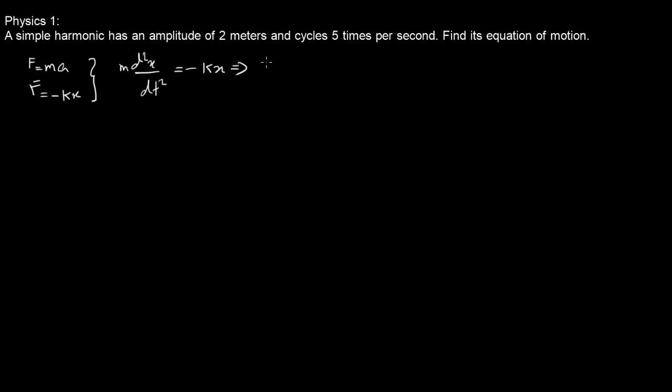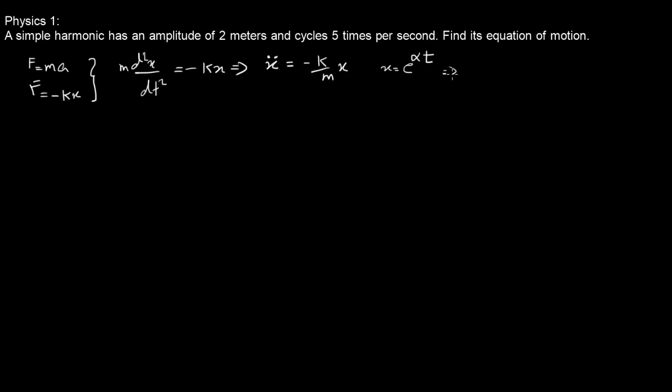Let's write time derivatives with dots: x double dot is equal to minus k over m x. Now whenever multiple derivatives of a variable like x are proportional to itself, that means x has the form e to alpha t, and alpha is unknown.